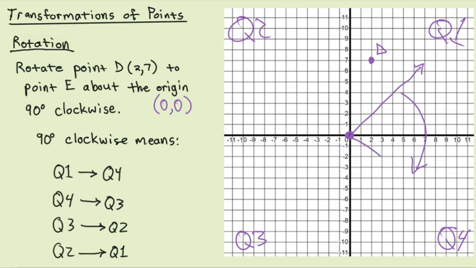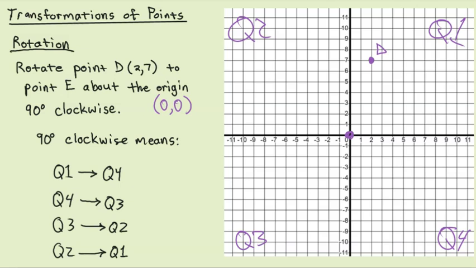And so the new position of the clock hand will be somewhere down here in quadrant 4 because it's centered on the origin. Okay? And so here I'm going to show you how to rotate point D to point E about the origin by 90 degrees clockwise. 90 degrees clockwise just simply means that the first step is going to be in quadrant 1 and the last step is going to be in quadrant 4.